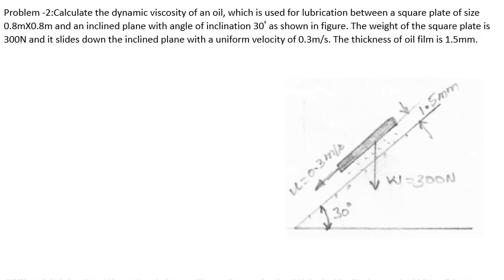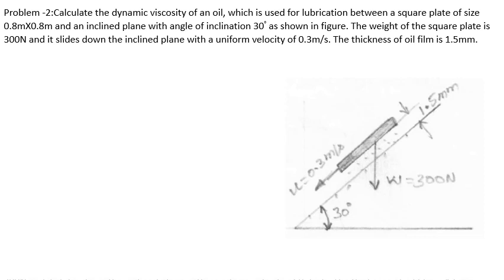Move on to the second numerical. Calculate the dynamic viscosity of an oil which is used for lubrication between a square plate of size 0.8 meter into 0.8 meter and an inclined plane with an angle of inclination 30 degree, as shown in the figure.